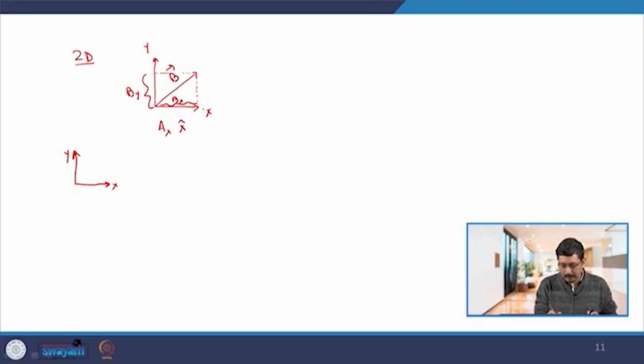Now, let us make the vector A a little bit bigger. Let us say this is my A. Now I want to find the resultant vector A plus B. If you apply the vector law of addition, then A plus B is given by this new vector.